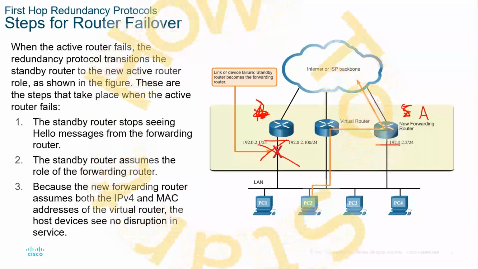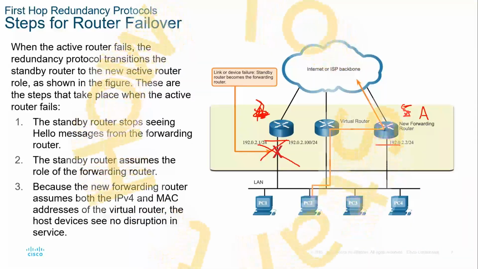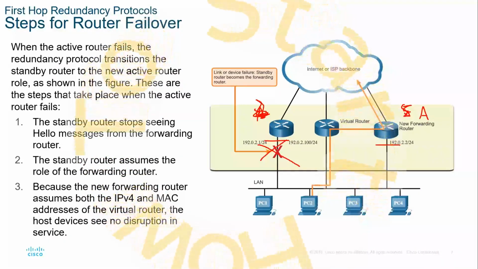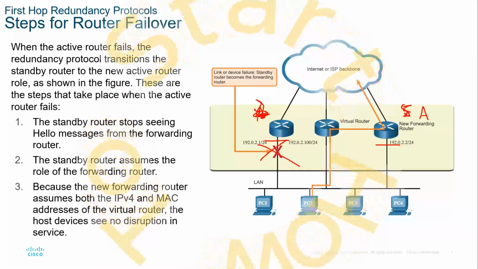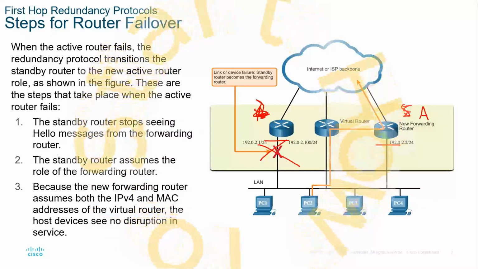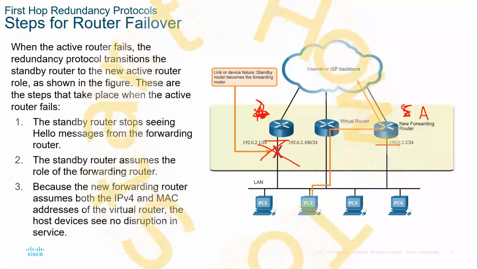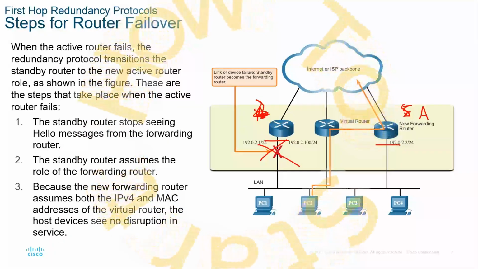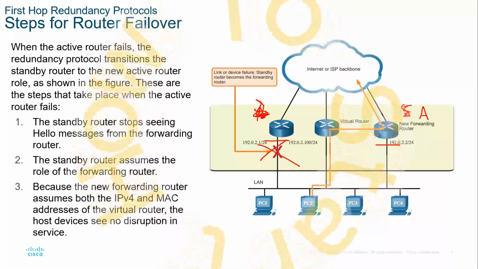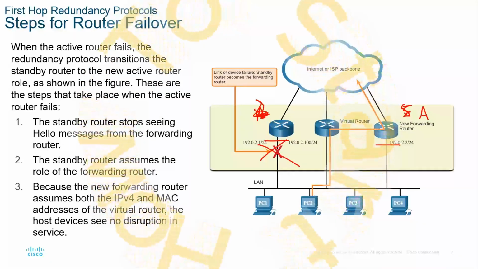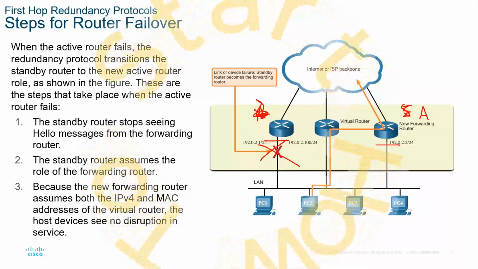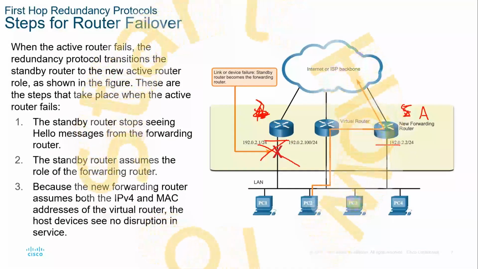Because the new forwarding router assumes both the virtual IP and virtual MAC address of the virtual router, the host devices will not see any disruption. It's still forwarding data to the same virtual MAC and the same virtual IP. However, any session states that were on the original active router will terminate.